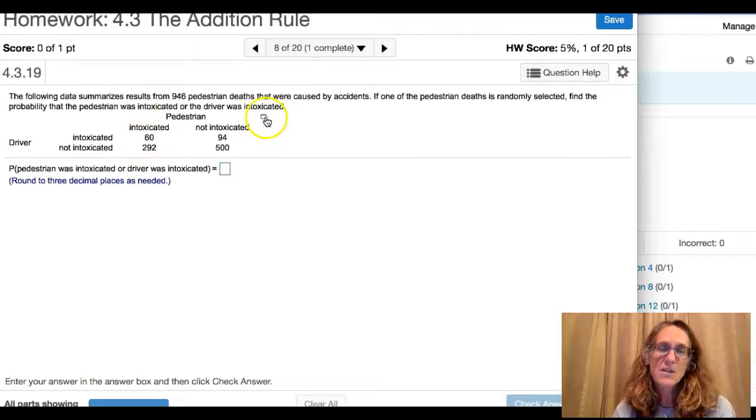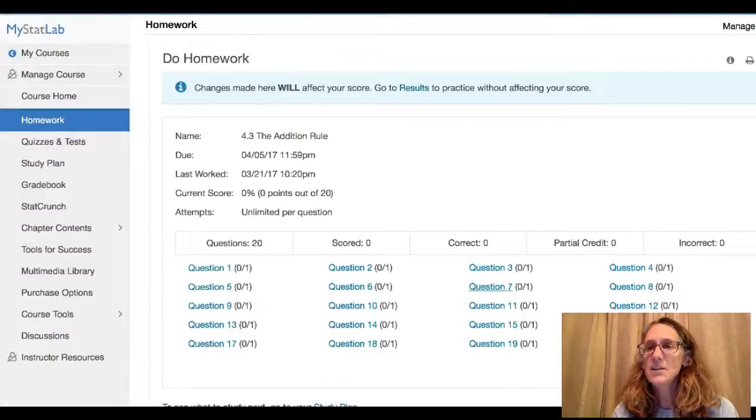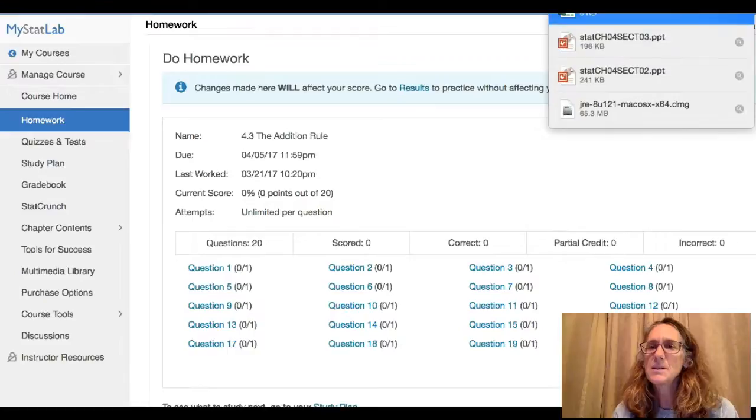Let me show you a trick here. There's a little icon where we can open this in Excel, and I can use Excel as a calculator. Of course, you can write this down and you can use your calculator. I am going to open this in Excel.